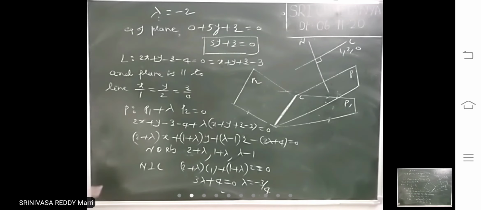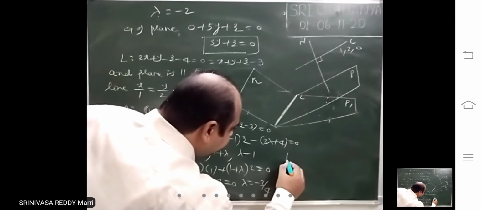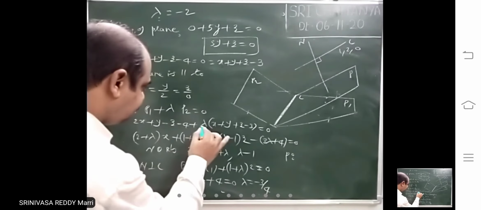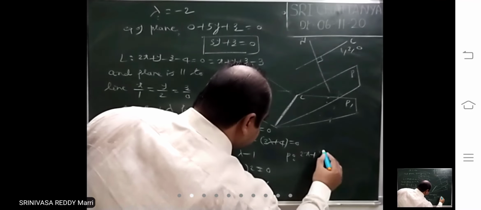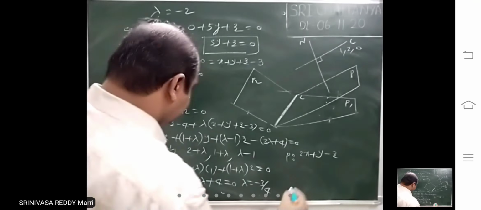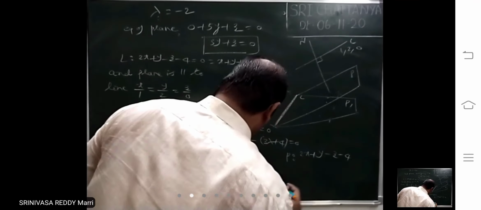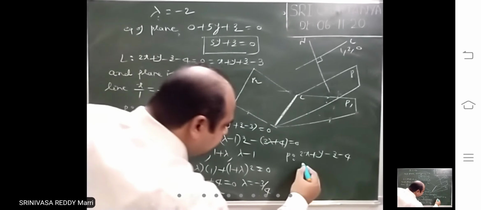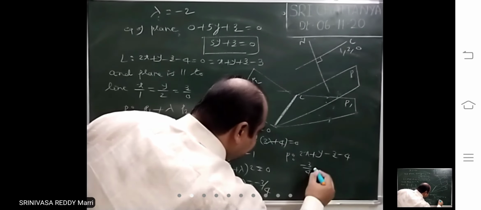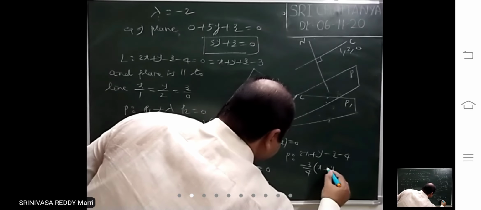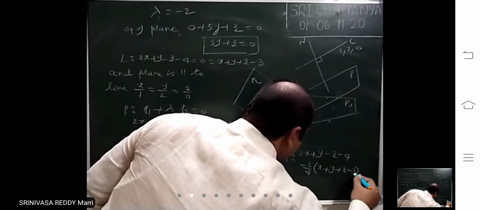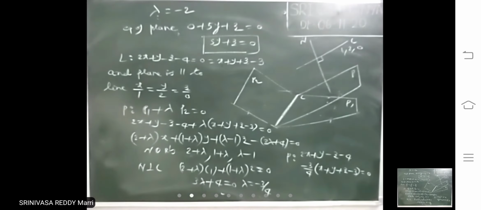So therefore your required equation of the plane is obtained by substituting lambda here: 2x plus y minus z minus 4 plus lambda, where lambda is minus 4 by 3, into x plus y plus z minus 3 equal to 0.